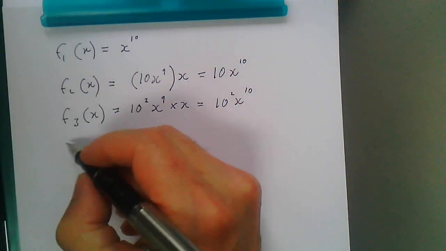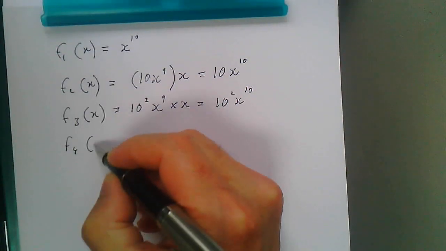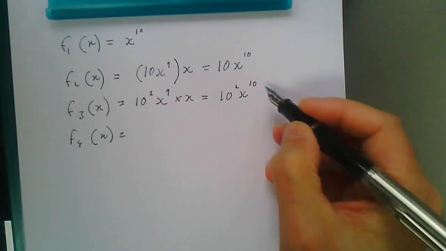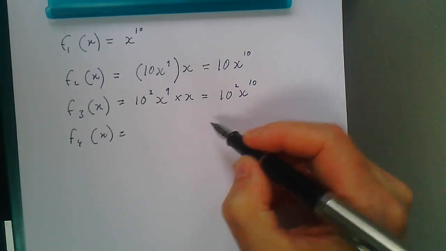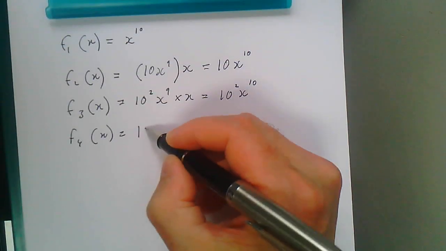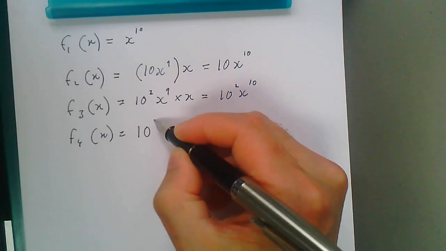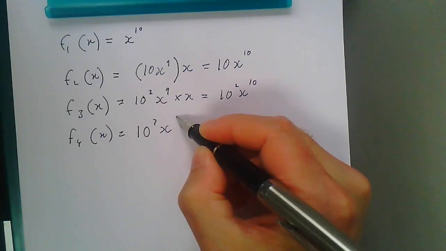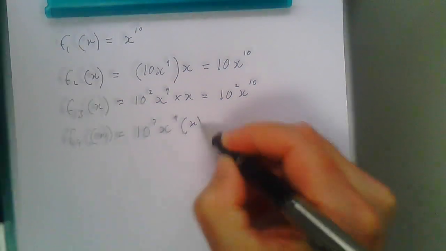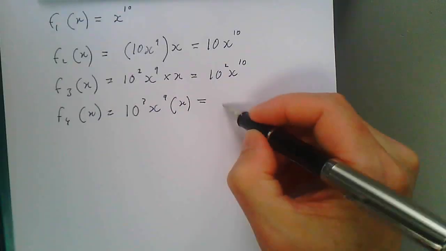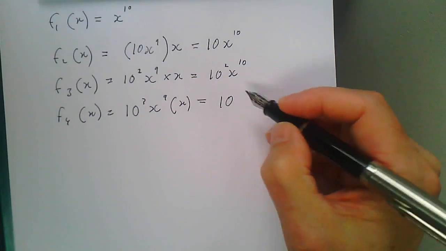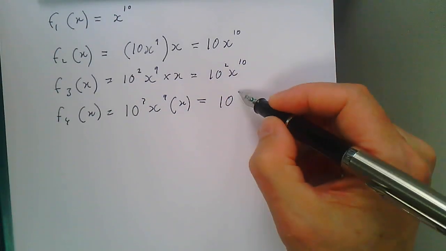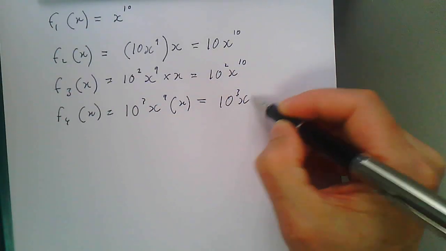And then this carries on. f4 equals, well, there's a pattern here, so let's just go straight to it. We've got 10 cubed x to the 9 times x, which equals 10 cubed x to the 10.